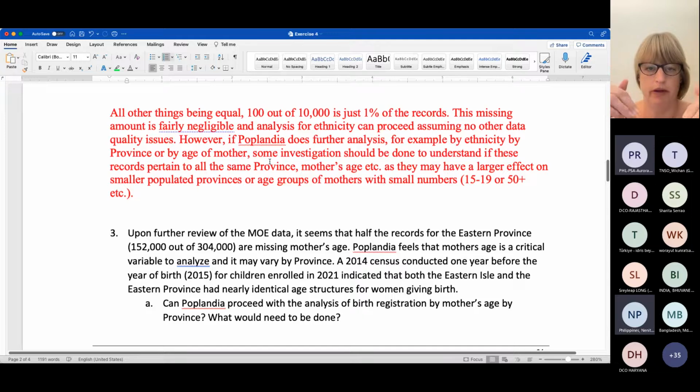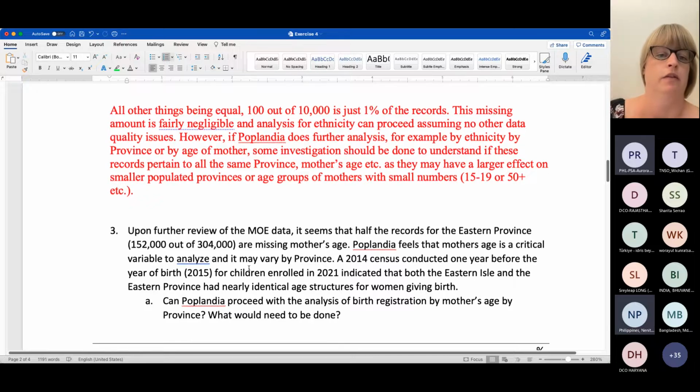So we're going like quite a small, fine-tuned lens. And in that case, we just want to make sure that for whatever reason, these records aren't specific to a certain province and that mother's age and that ethnicity, et cetera, if we start digging down lower and lower and lower. But in general, this is a very small percent. We should proceed with the analysis. So everyone got that one.